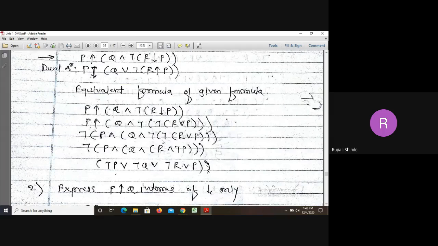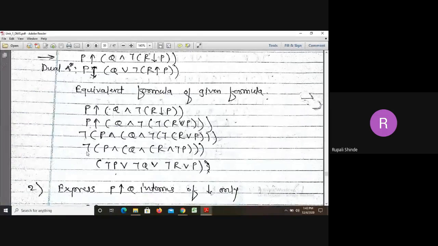First of all, we are going to solve this inner bracket. Negation of negation R or P means what? If you apply this negation, you will get negation of R and negation P. Again, we have to apply that negation over that bracket, so you will get R and negation P, and this negation is outside the bracket.